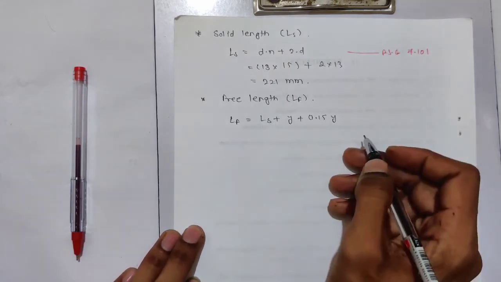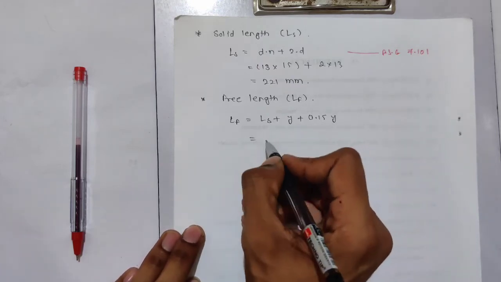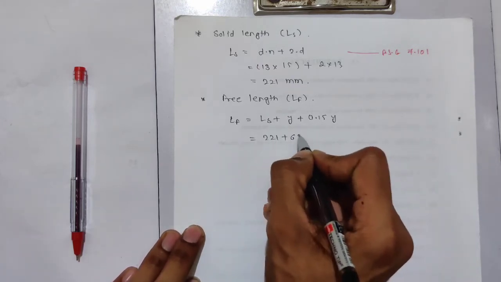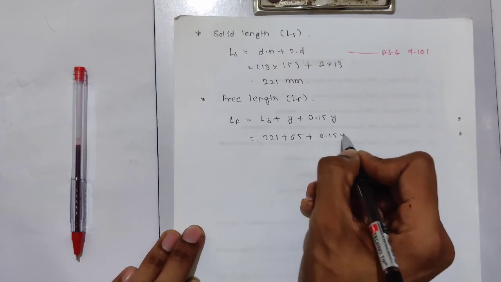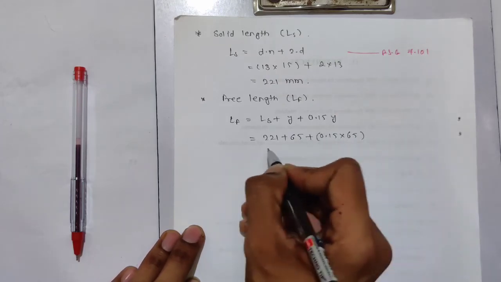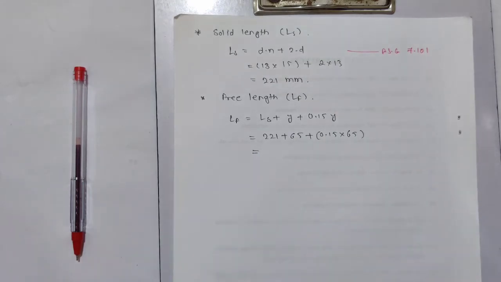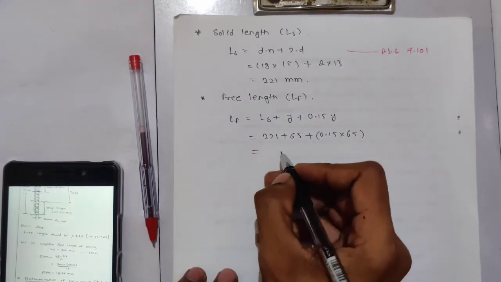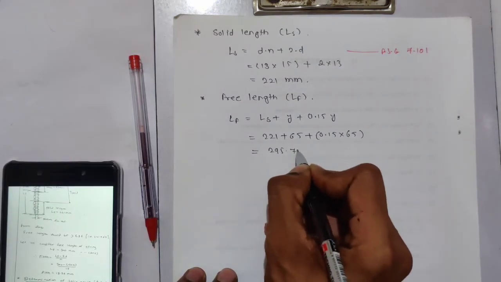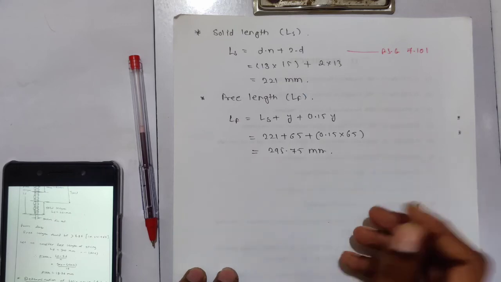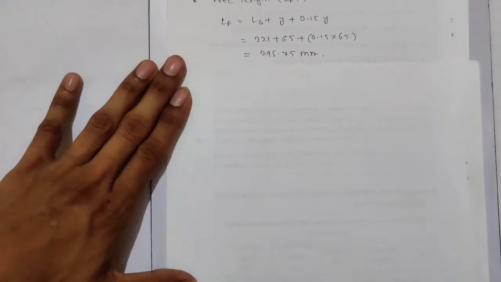This is not given in PSG. You have to remember this. This is 221 plus 65 plus 0.15 into 65. So you have to calculate. So it is 295.75 mm. So now we have free length.